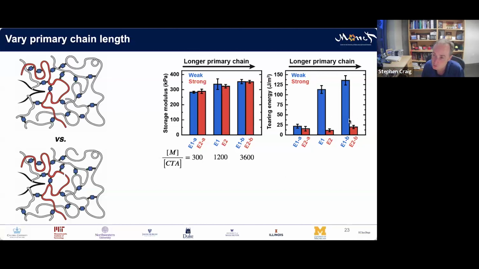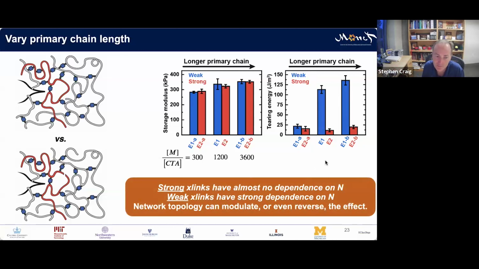Consistent with Xu's picture that when we have the mechanophores in there as cross-linker, the crack is trying to go around those chains. So the longer the chain is, the further around, if you will, the crack has to go, okay?